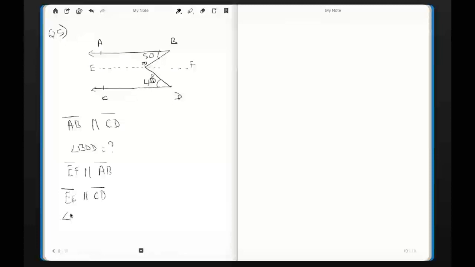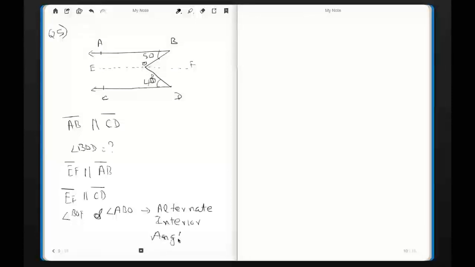What can you say about angle BOF? Let's talk about angle BOF and angle ABO. They are alternate interior angles, aren't they?